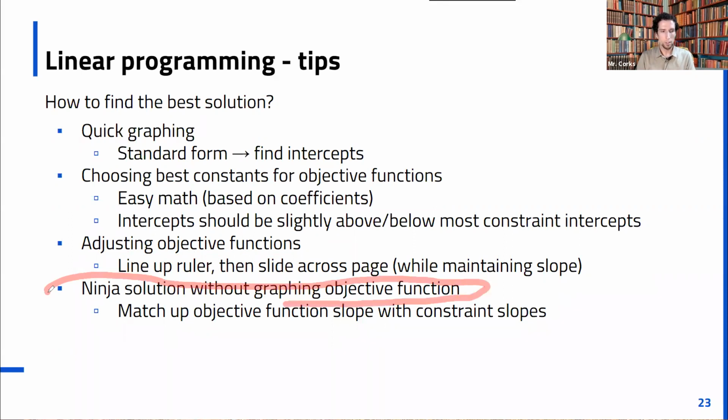After a few years of doing these linear programming questions with students, I realized that there's another quick way of finding what corner will be the best one just by looking at the slopes and not having to do any graphing. If you're curious, you can hang around and I'll explain that just after we formally end here.